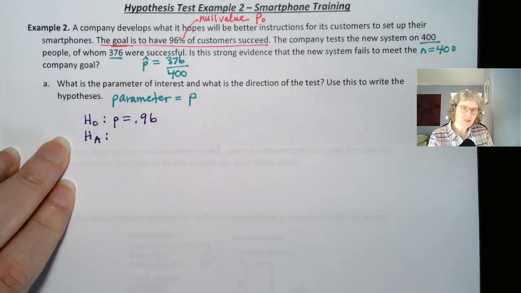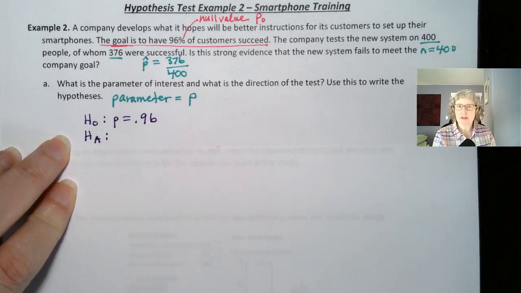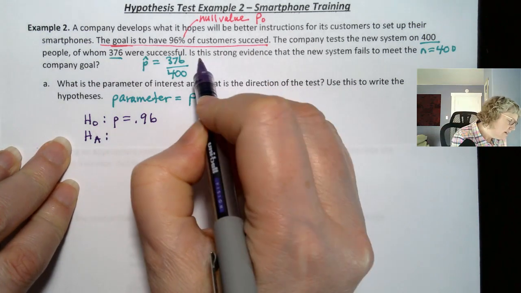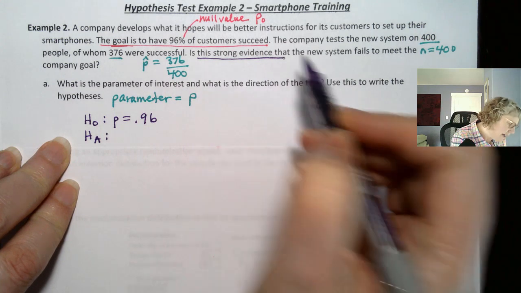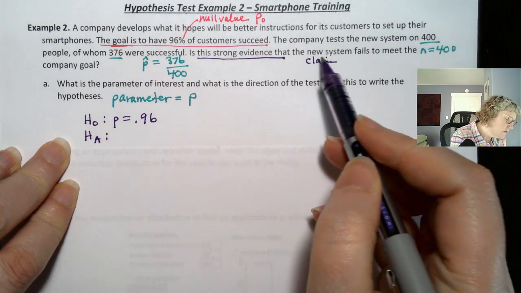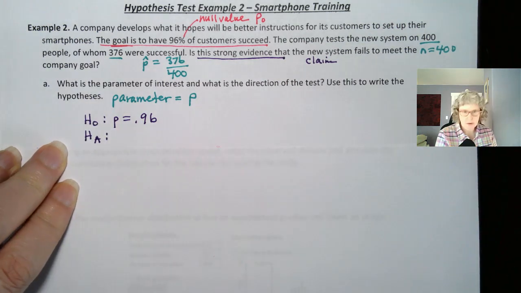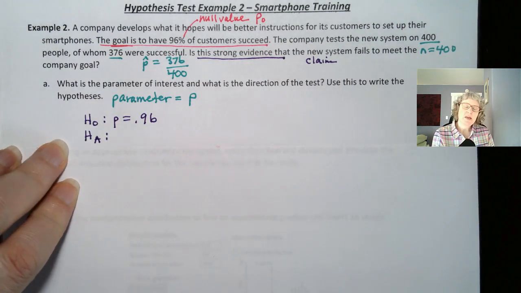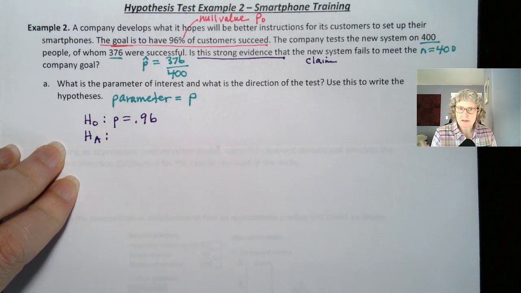Then for the alternate, you always want to look for the claim, or when it says test that, or test the claim that. In this case it says, is this strong evidence that? So here's our claim: the new system fails to meet the company goal. Now we need to think about the direction of the test.